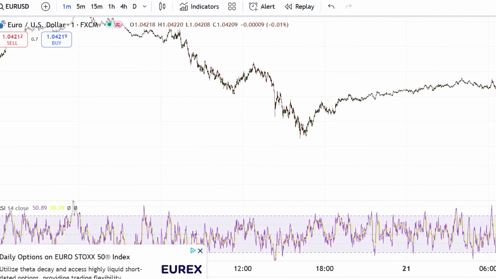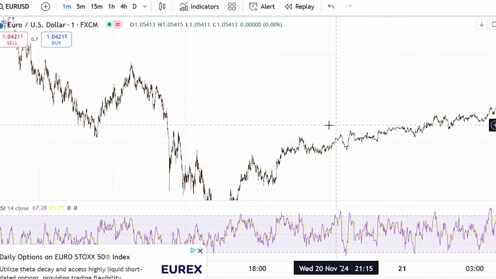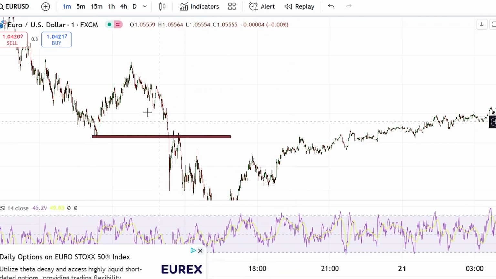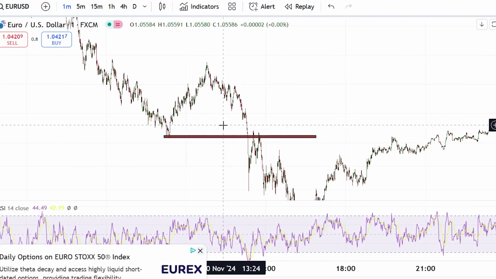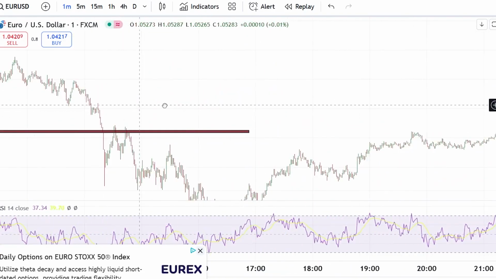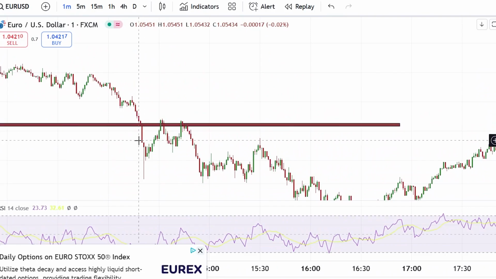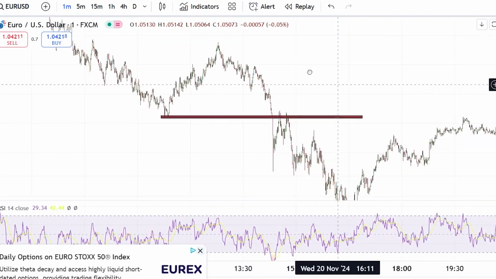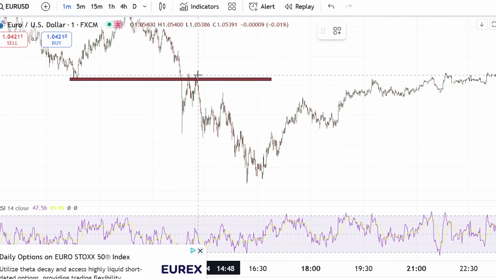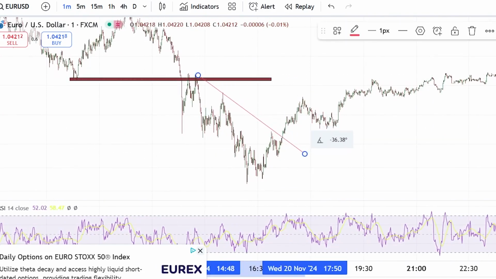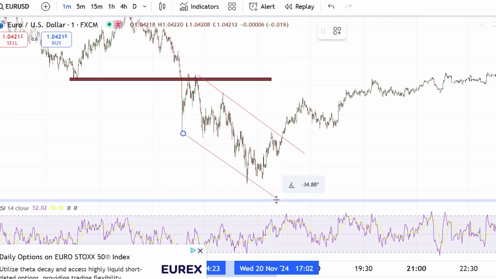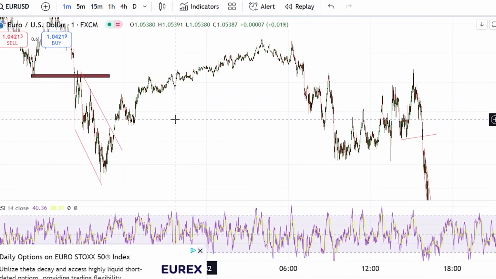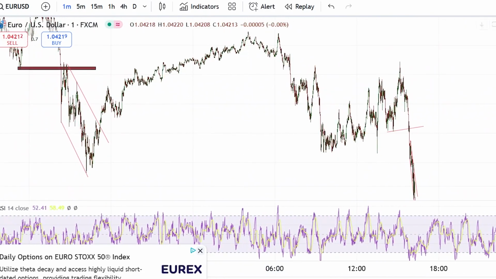Some more examples. This support zone is broken by this strong candle, so it is a spike, then a channel, and then a trading range.